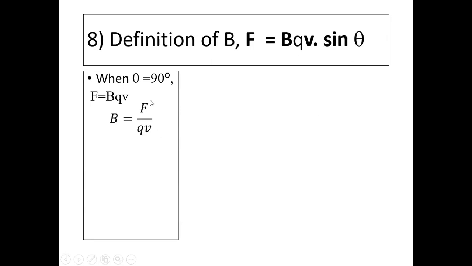Then we use this formula. Take your QV down. The unit is a new unit, Tesla or capital T, which is actually Newton per Coulomb meter per second. Sorry, I've done something wrong again, very careless of me.